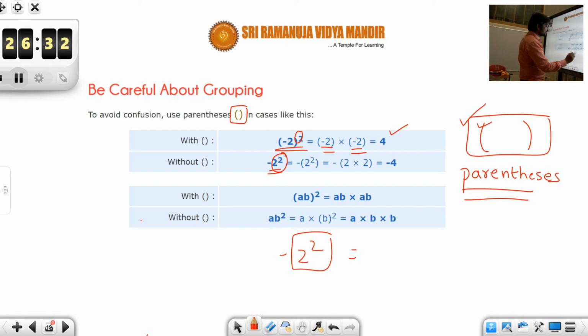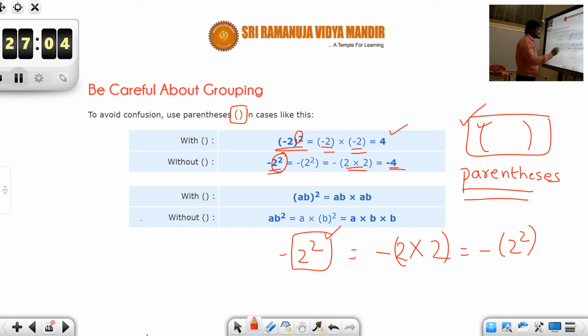So how do you write? Minus, keep it aside, 2 is repeating 2 times, so you will write 2 into 2. 2 into 2 is 4, so this is minus 4. So we have separated it to avoid confusion: separate the number and exponent from the minus sign. Whereas here, along with the minus sign, minus 2 is repeating 2 times, whereas here only 2 is repeating 2 times. So separate out these two.